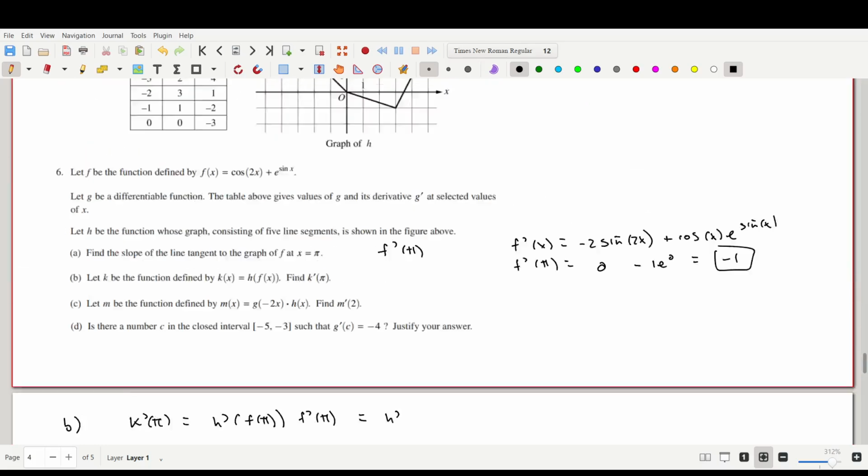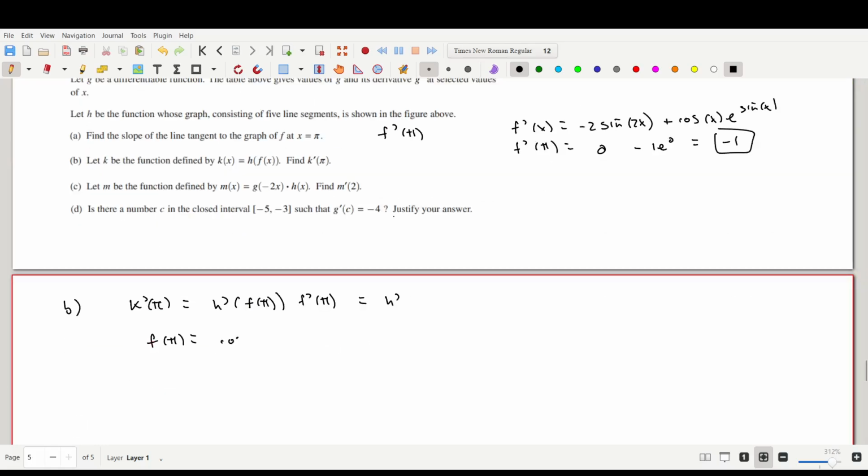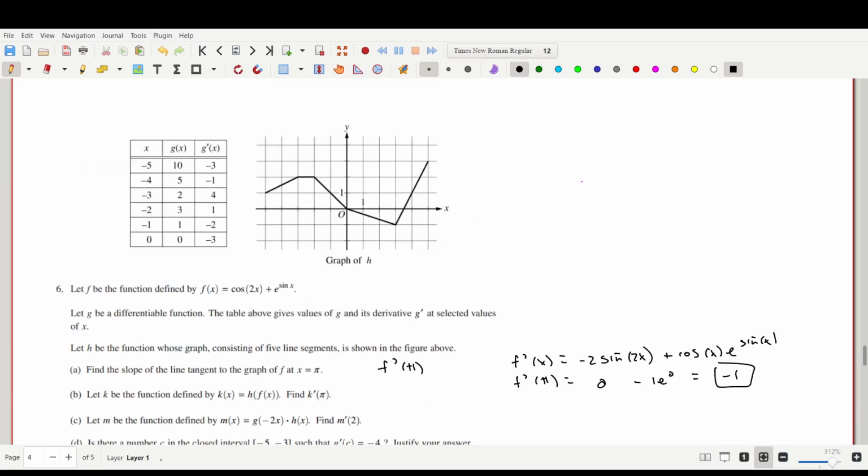F of pi is cosine 2 pi plus e to the sine pi, which is cosine 2 pi is 1, so 1, and then sine of pi is 0, so 1 plus 1 is 2. So this is h prime of 2, right? F of pi is 2, I just figured that out, times negative 1. H prime of 2, look at the graph, h prime of 2 is negative a third.